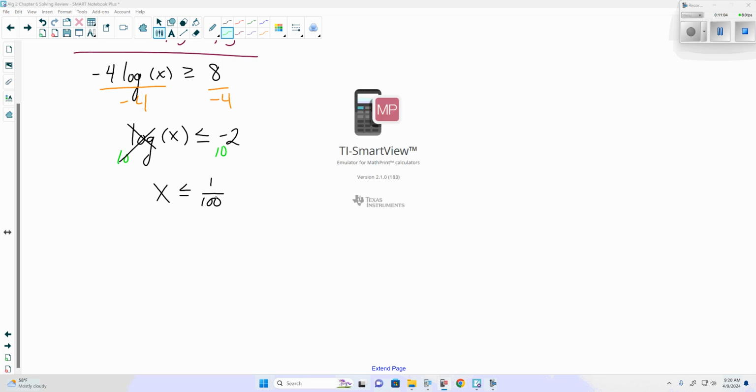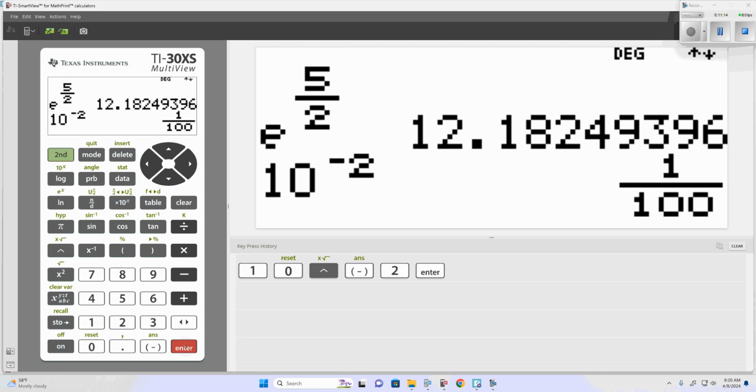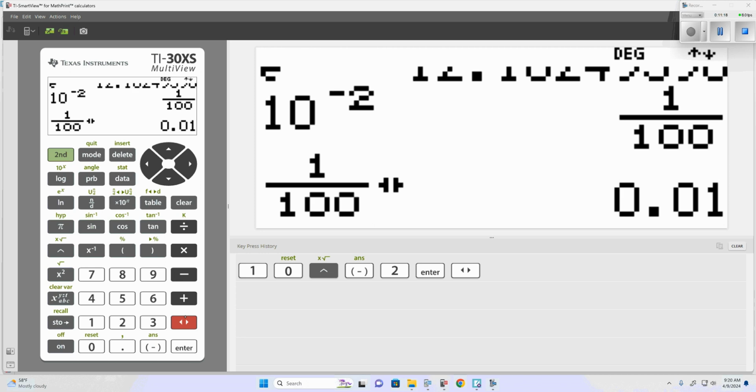And for the most part, you really don't need the graphing calculator for any of this. The little yellow calculator will do a lot of these here. 10 to the negative 2, 1 over 100, or 0.01.